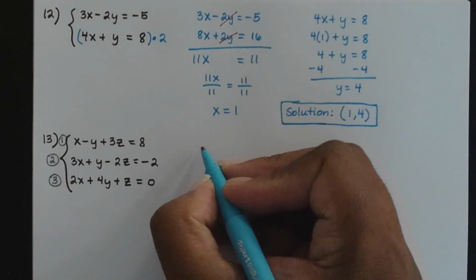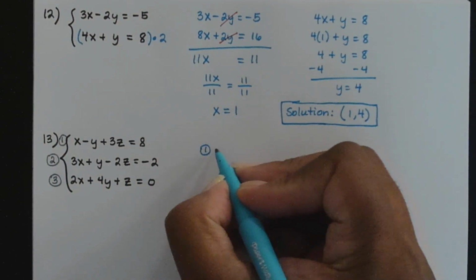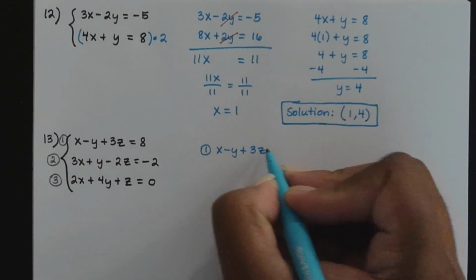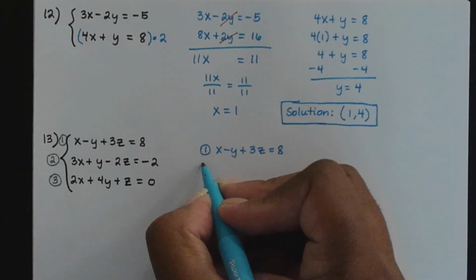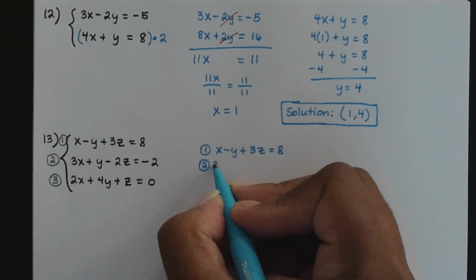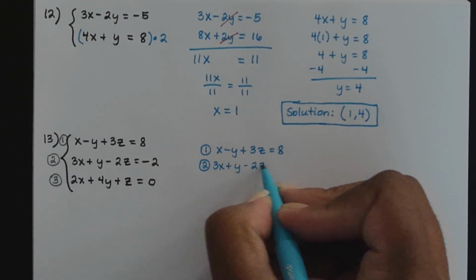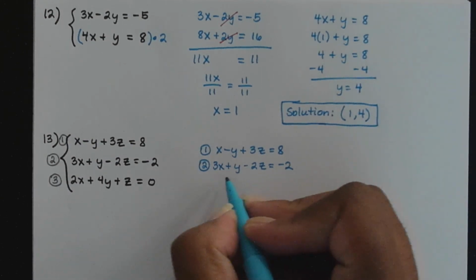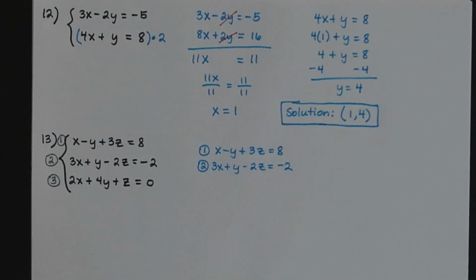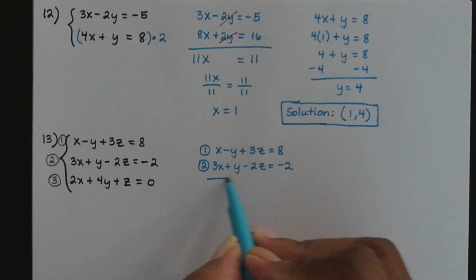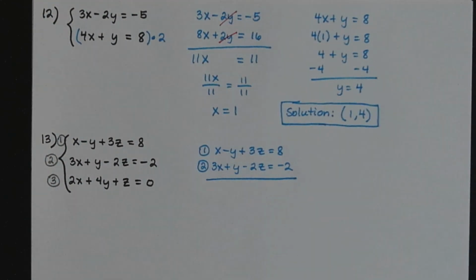Okay, so I'll do this over here. First equation, x minus y plus 3z is equal to 8. And the second equation, 3x plus y minus 2z is equal to negative 2. Now, what variable can be eliminated? The y, because I've already got the minus y and the plus y. So I can go ahead and add those 2 equations together.